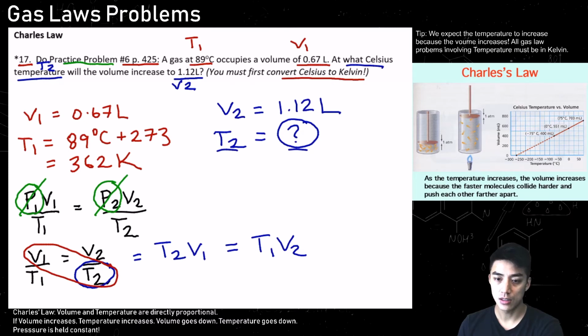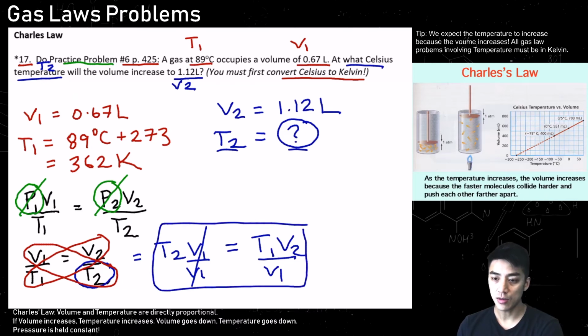I did cross multiplication. And now we want to isolate for T2. And the way that we do this is we're going to divide both sides by V1. So now that looks good. I'm going to go ahead and box that. And we're going to write it nice and neat up here. T2 is equal to T1 V2 over V1.